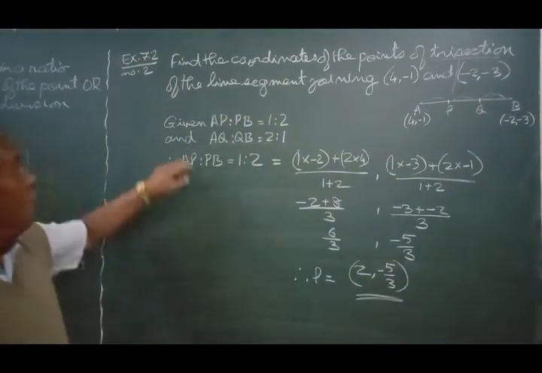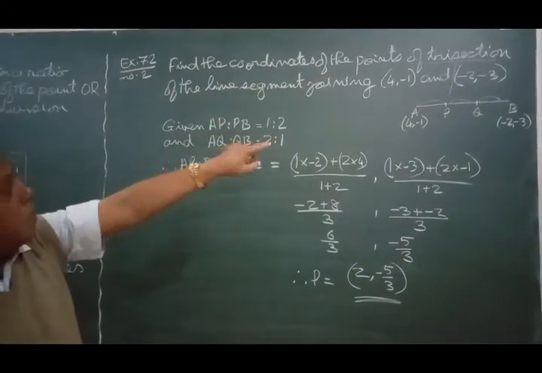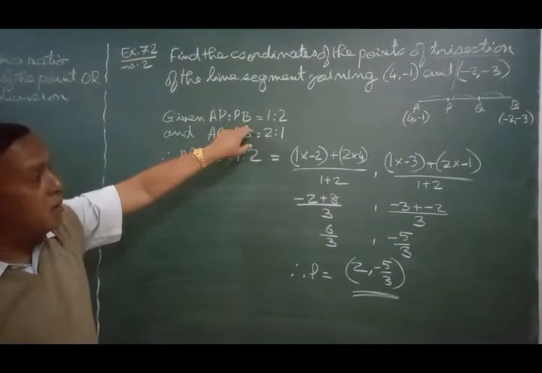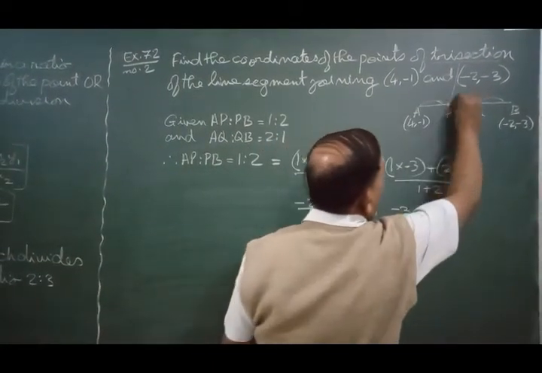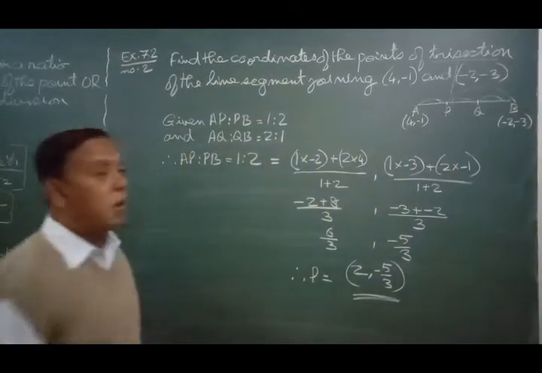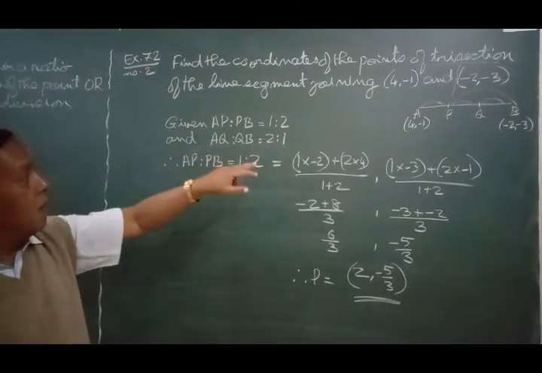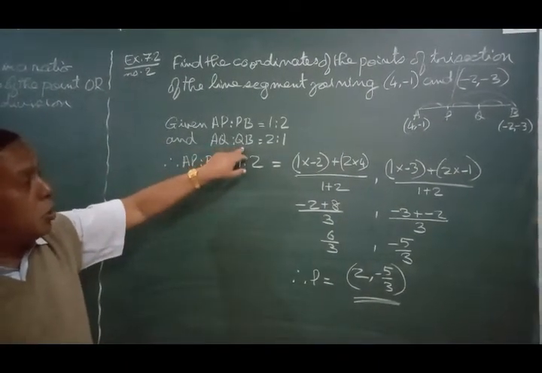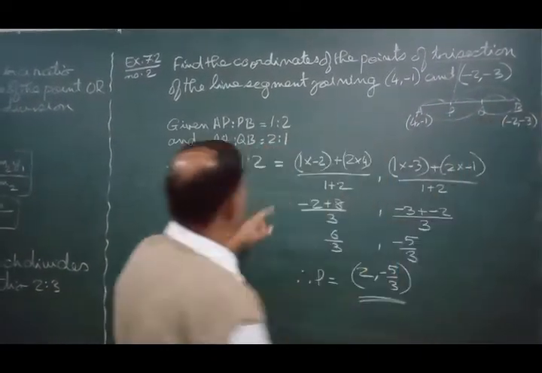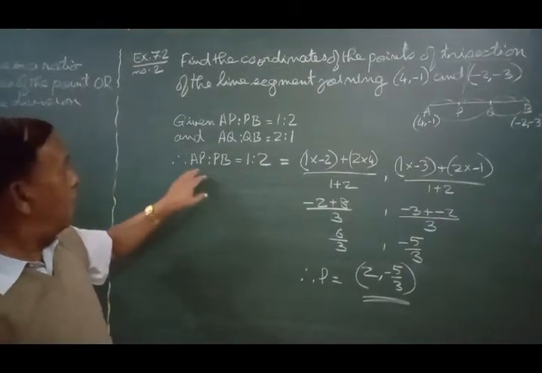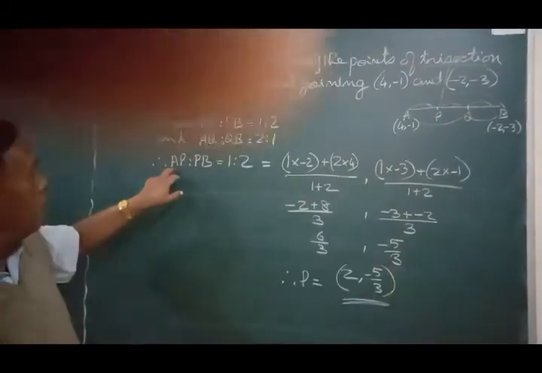Therefore, AP is to PB is 1 is to 2, because 1 plus 2 is 3. Similarly, AQ upon QB is 2 is to 1, opposite. Now let's look at the first one.